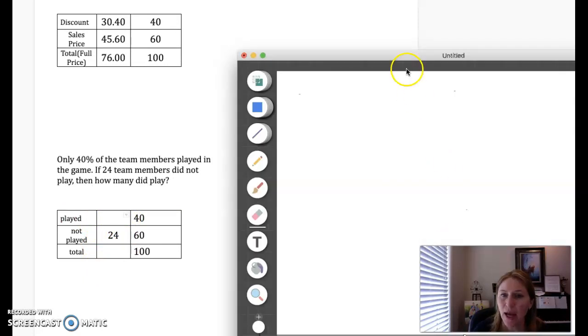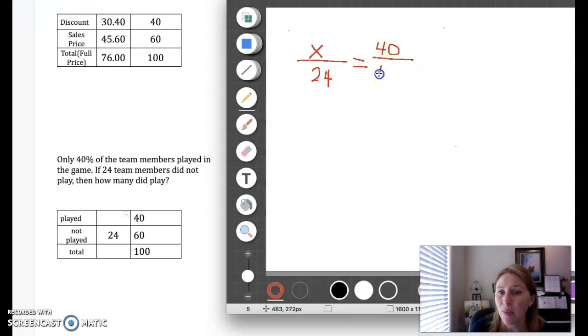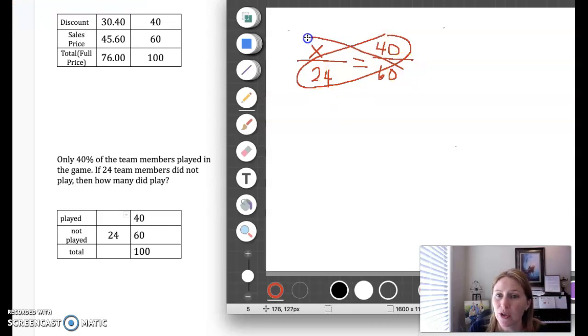So I need to set it up again with a ratio. I'm going to use the information that I have. I don't have how many played, but that's what I'm finding. I have how many not played. So if I set it up played to not played, and my percentages played to not played, and remember I did subtraction to find this, subtracting from 100 to find that. So now I'm going to just use cross multiplication. I'm going to multiply 24 times 40, and that's going to be equal to x times 60.